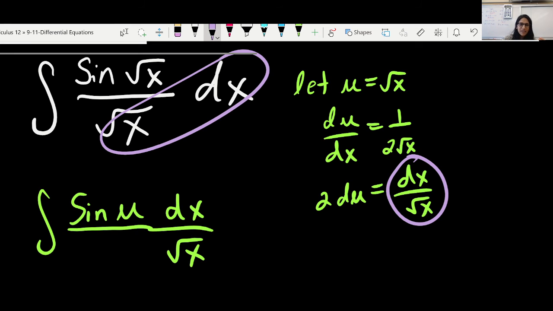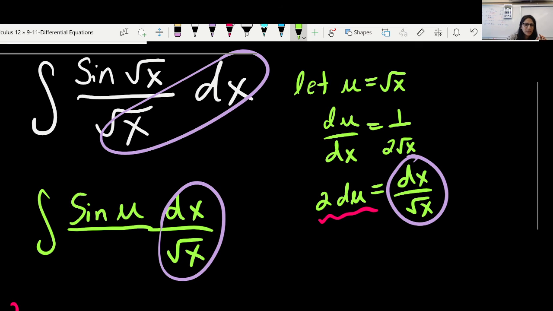And again, if I have this dx over root x here, well, I just found dx over root x is equal to 2 du. So I can do the same thing as before. I can take that 2 du, I'm going to use a different color to do this, and I can separate them. And I like to do this as a habit, stick the 2 in front of the integral.